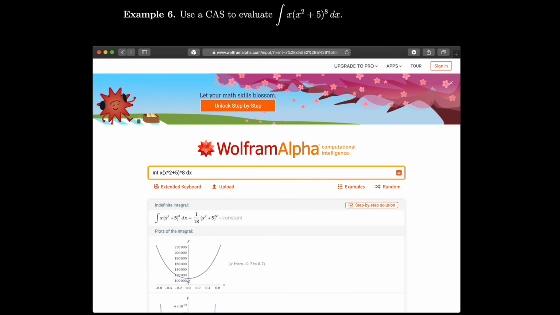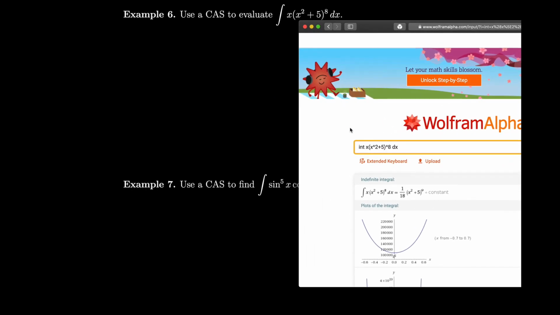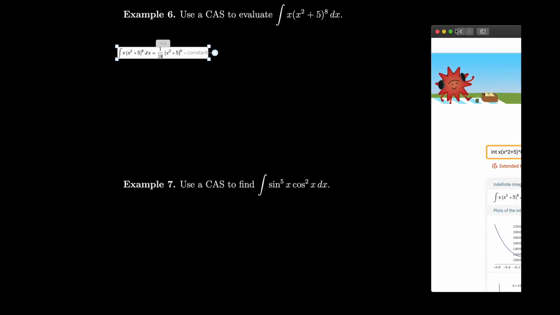Okay. Let's see if it's going to behave this time. Nice. I'll make that a little bit bigger.